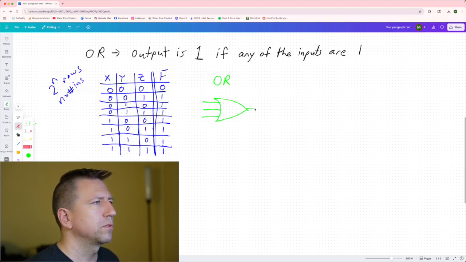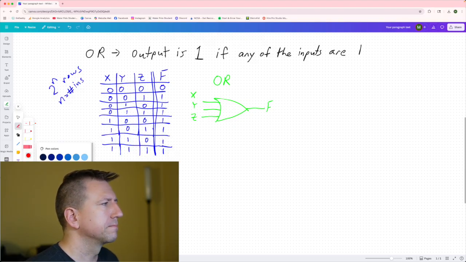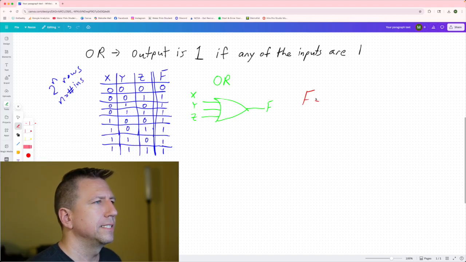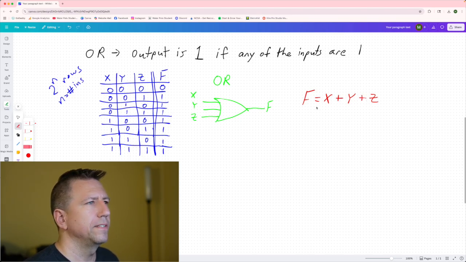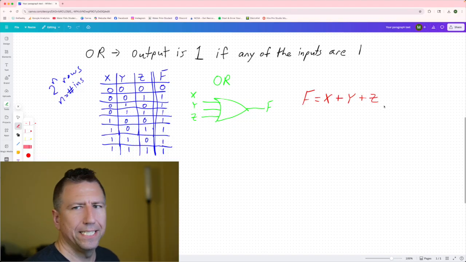And if you do that, then most people will be able to recognize that as an OR gate. And then we have X, Y, and Z as our input variables and our output variable F. Writing the logic expression for this then, F is equal to X, Y, and Z, and the operator for OR looks like the addition symbol, the plus sign. And this is read F is X or Y or Z.